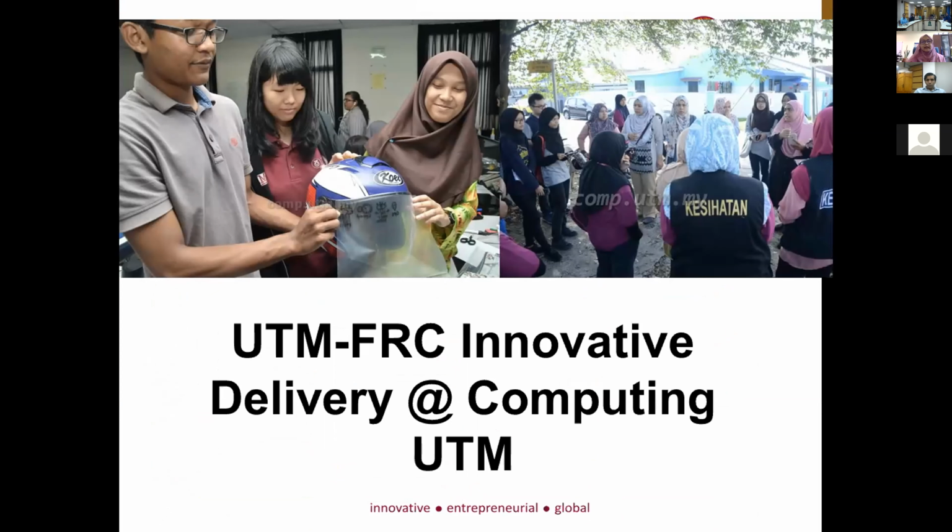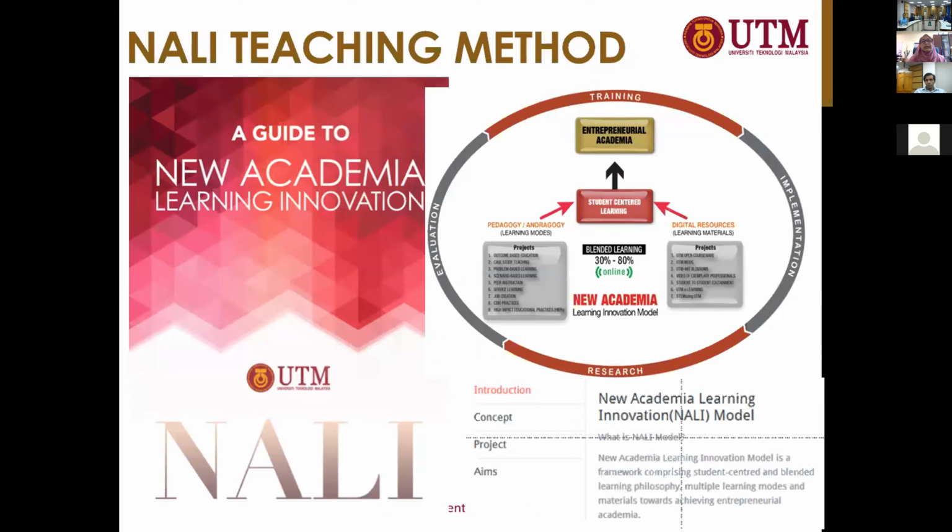Next, that is the design of the curriculum, how we control the delivery of the content of the courses in our curriculum. In UTM, we have a guideline called New Academia Learning Innovation, which really helps and gives us a guideline on how to design courses in the program or in the curriculum.